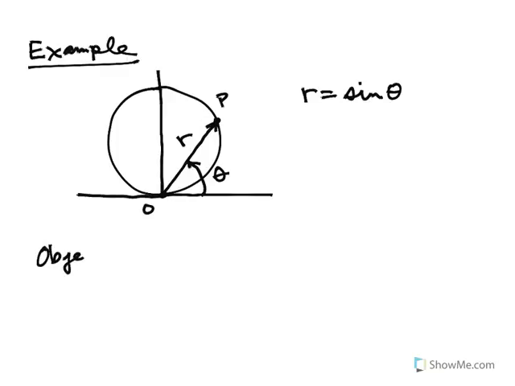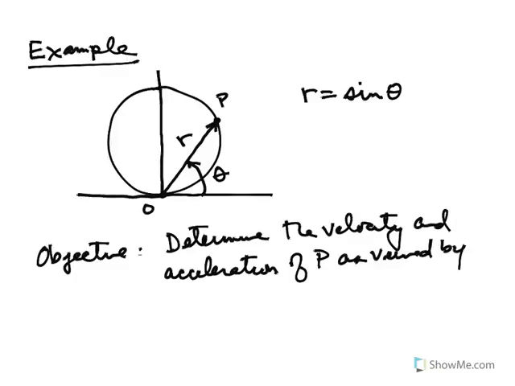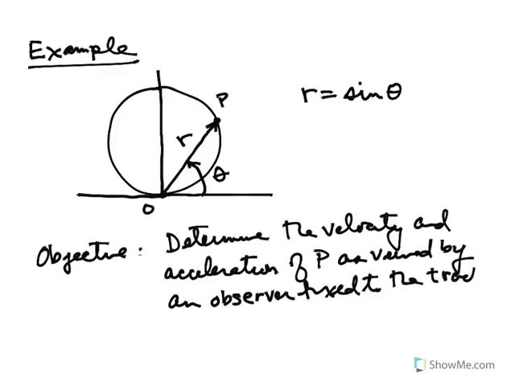So the objective of this problem is to determine the velocity and acceleration of point P as viewed by an observer fixed to the track.